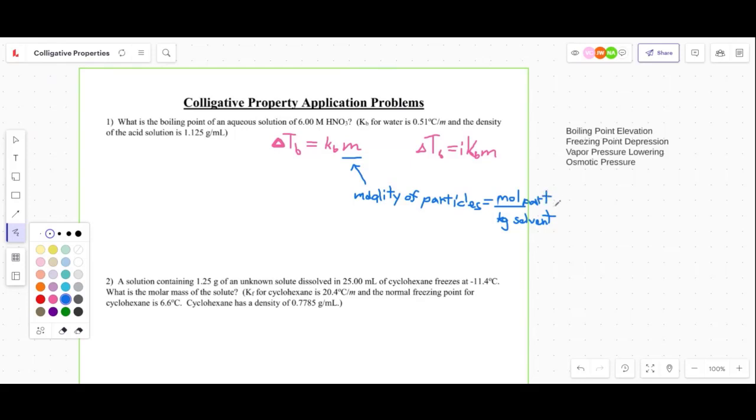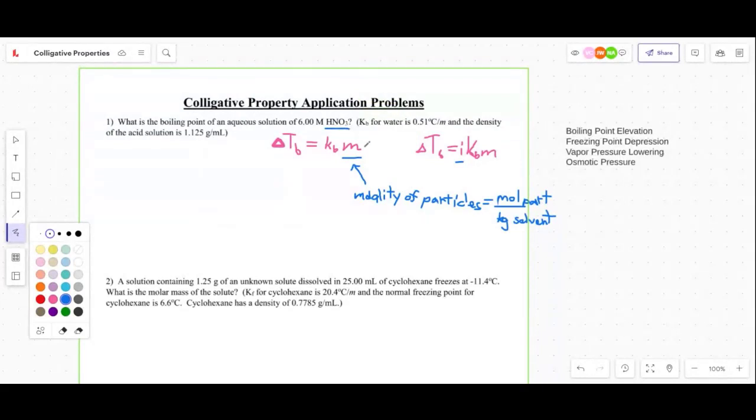However, if we use the i KBM, i is what's referred to as the Van't Hoff constant. The Van't Hoff constant is effectively the average number of particles that each molecule of the substance breaks up into.